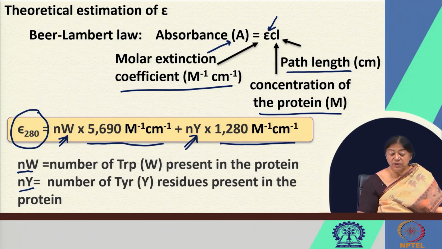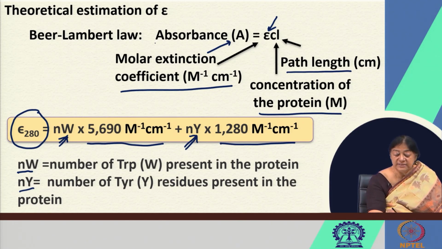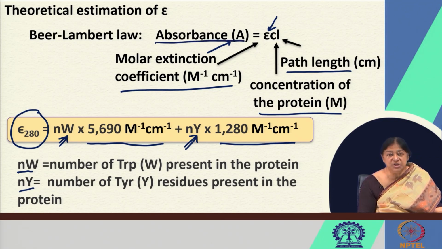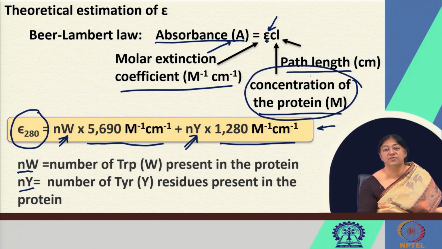Now, we can determine the absorbance value, the OD or optical density value, from the machine. Then, given the extinction coefficient that we calculate from the number of tyrosines and tryptophans, we can find out the concentration of the protein.